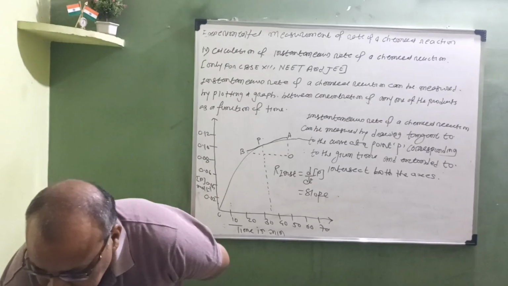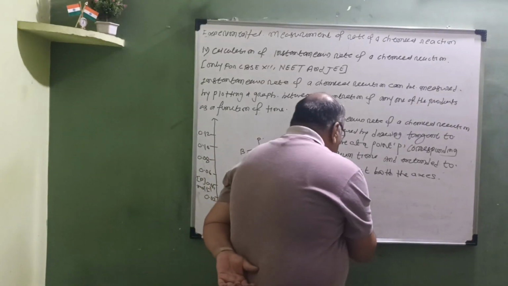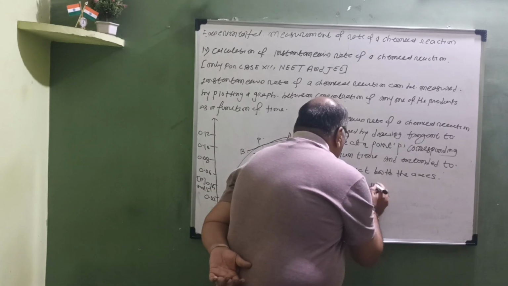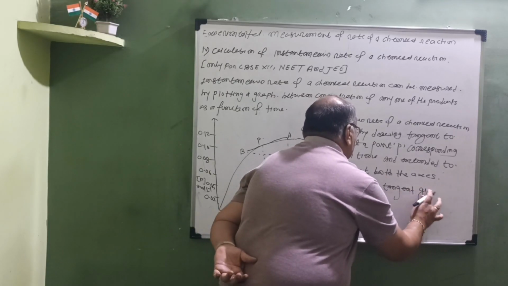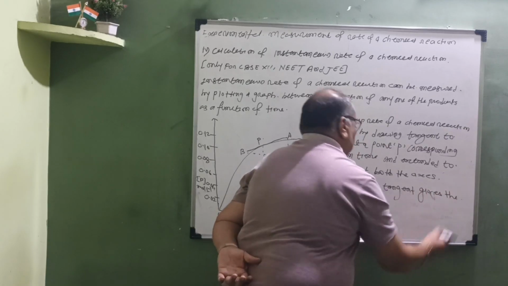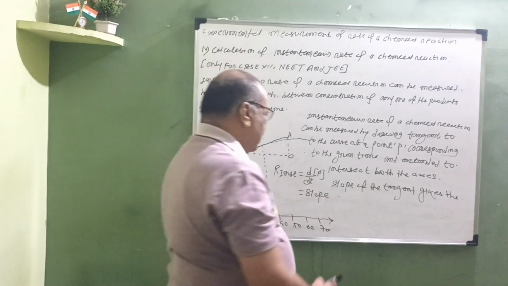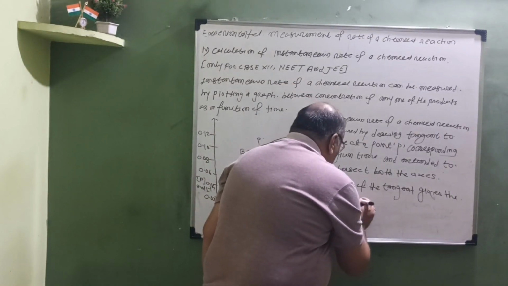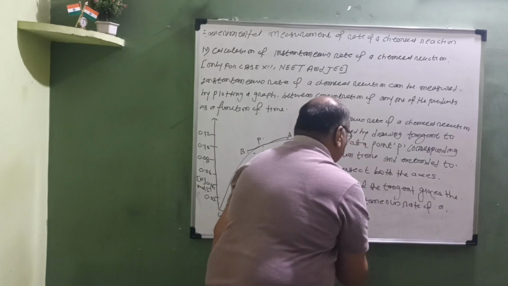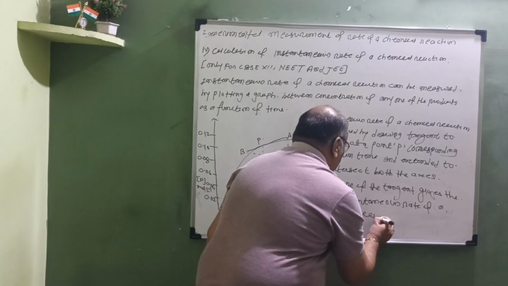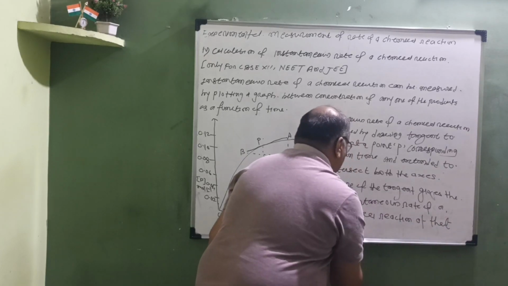Now here slope of the tangent gives the instantaneous rate of a chemical reaction at that time.